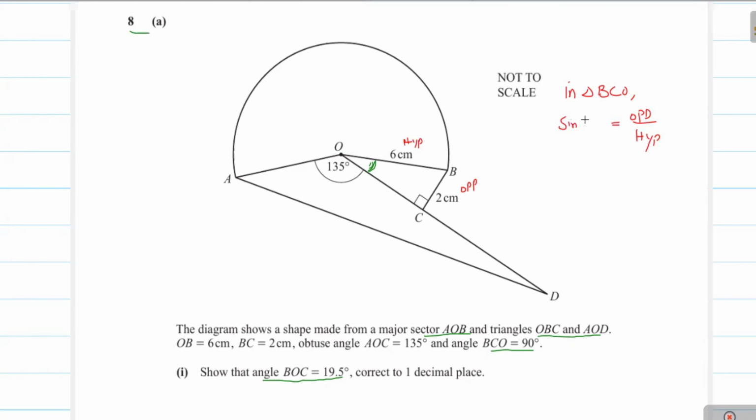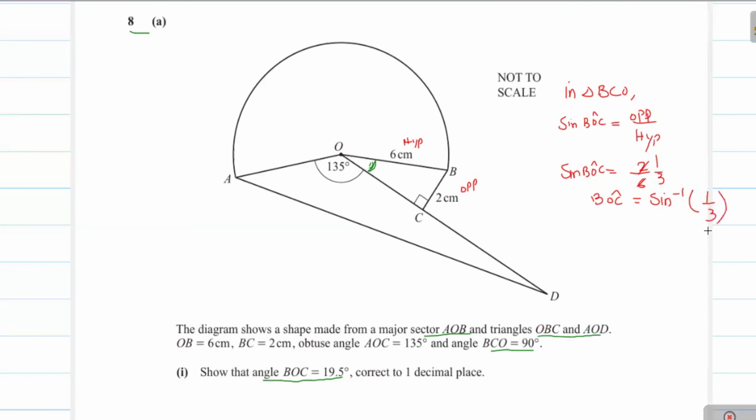Sine BOC is equal to opposite over hypotenuse. Opposite side here is 2 and hypotenuse is 6, so sine BOC will be equal to 2 over 6. Therefore, BOC equal to sine inverse 2 over 6, we can write it as 1 over 3.